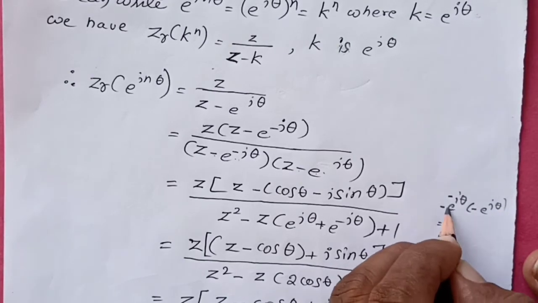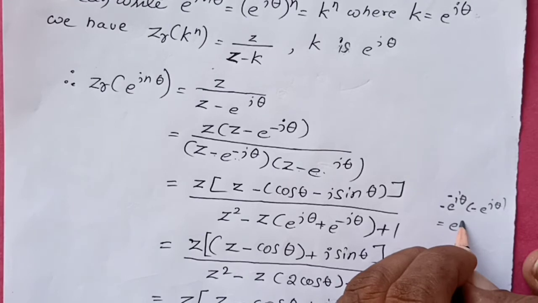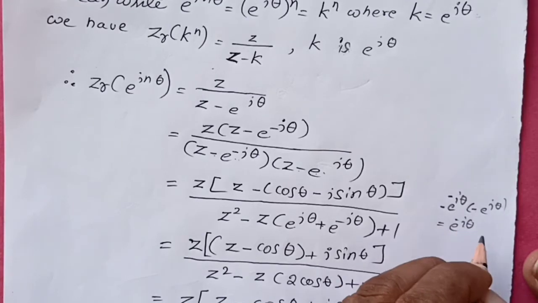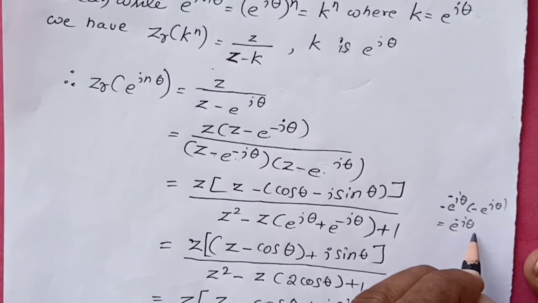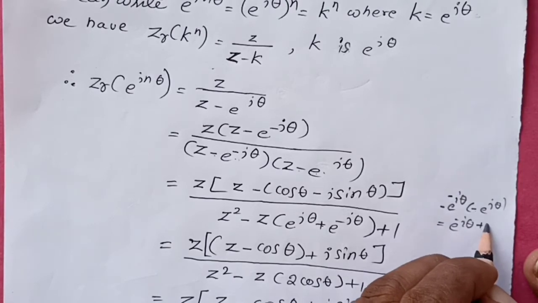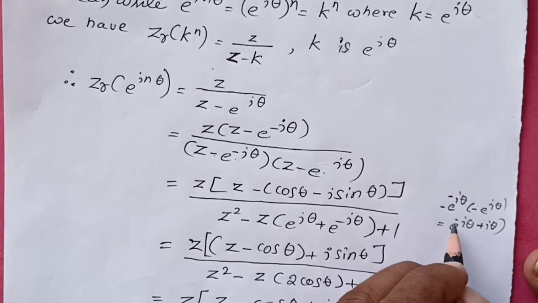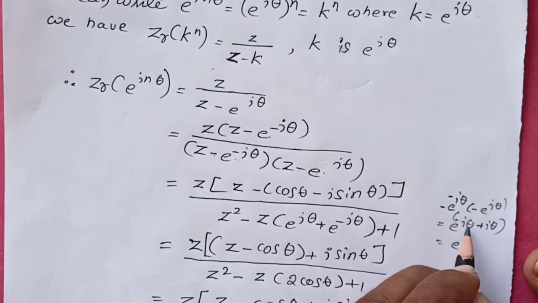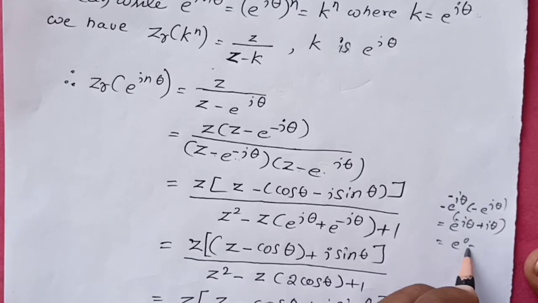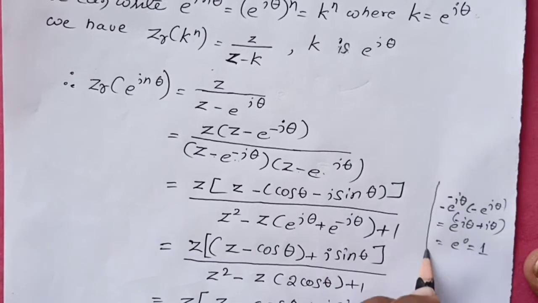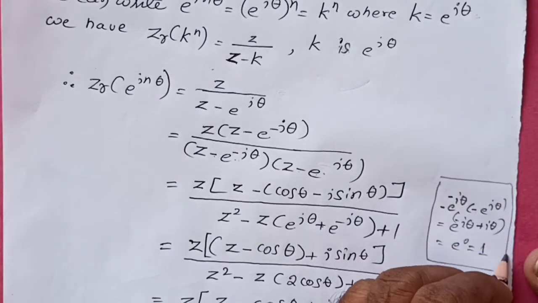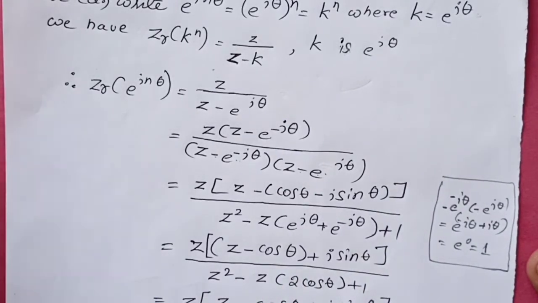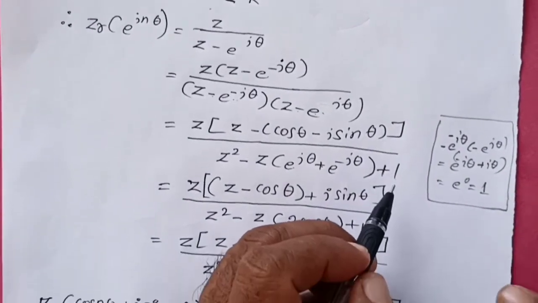So it is minus into minus plus e raised to minus i theta plus i theta. So e raised to, they get cancelled, minus plus is 0, same is equal to 1. You are getting like this. So e raised to 0 is 1 you are going to get.